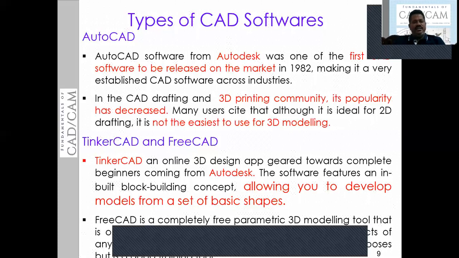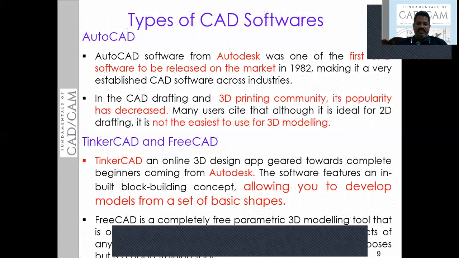From that library you pick whatever shape you want, drop it on the screen wherever you want, and perform some operations on it. Suppose you want to make a hole in a cylinder: you subtract one more cylinder from it, and you create a hollow cylinder. These are some of the rules defined in TinkerCAD.